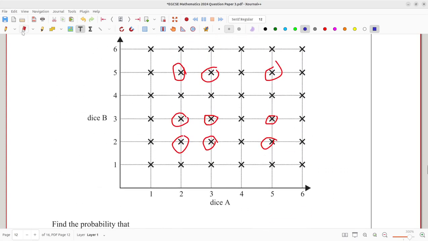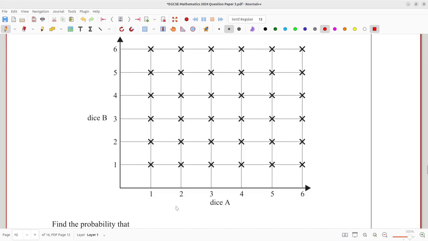So let's check again. Product is 12. What number can you multiply by 1 to get 12? There is actually 12, and 12 is not there.